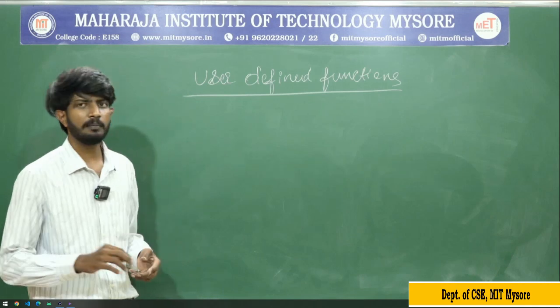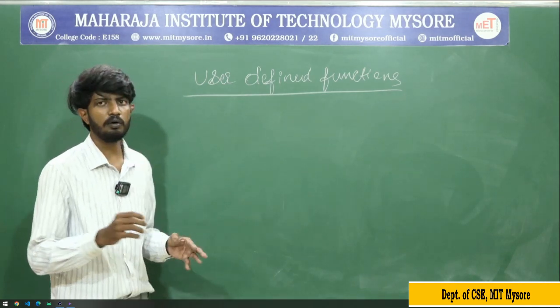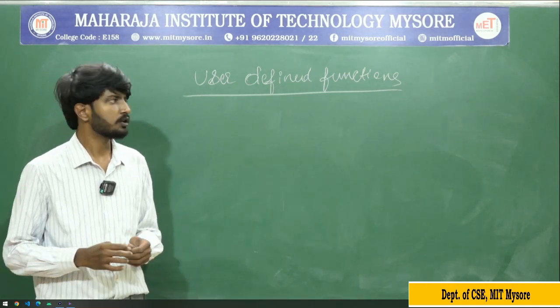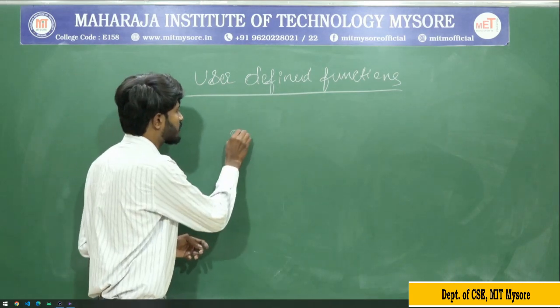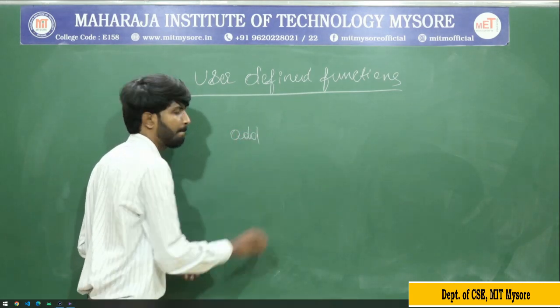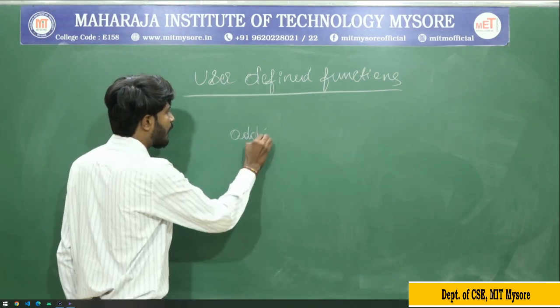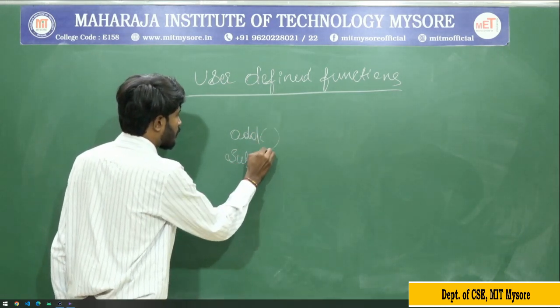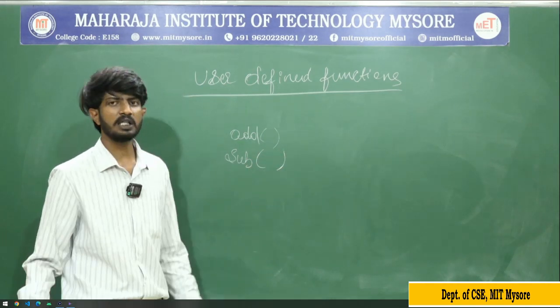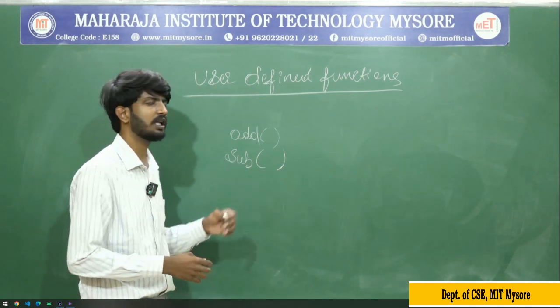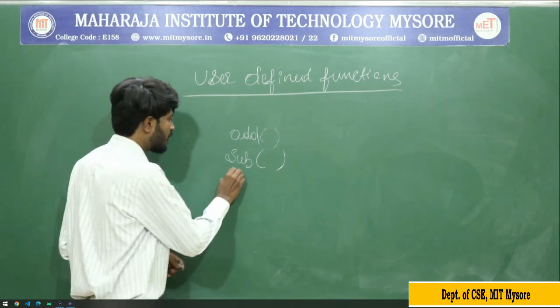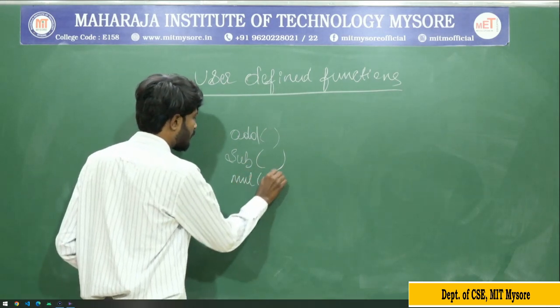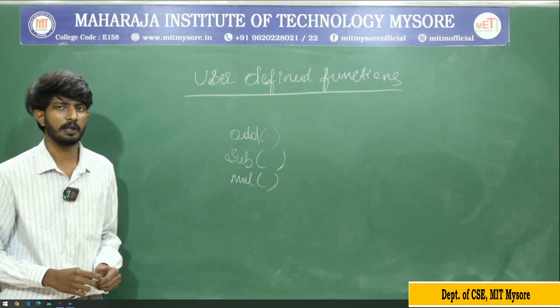For example, if I need to add data, I will create one function for add. If I need another criteria, that is subtraction, I will create that as a function. If I have multiplication, I will create that as a function.